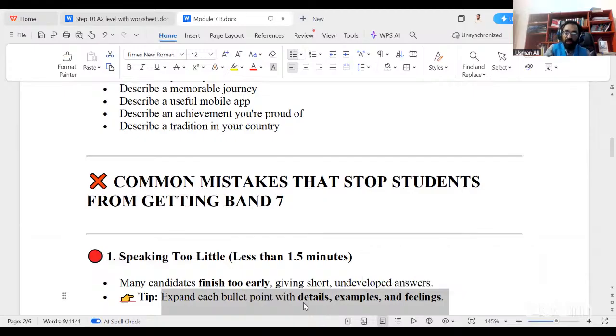You have to add details with every bullet point, and with every bullet point you can add an example and feelings. For example, you were very happy about that, and you were sad at that incident. Okay, you were very happy with that meeting, right? So like that, you will choose.